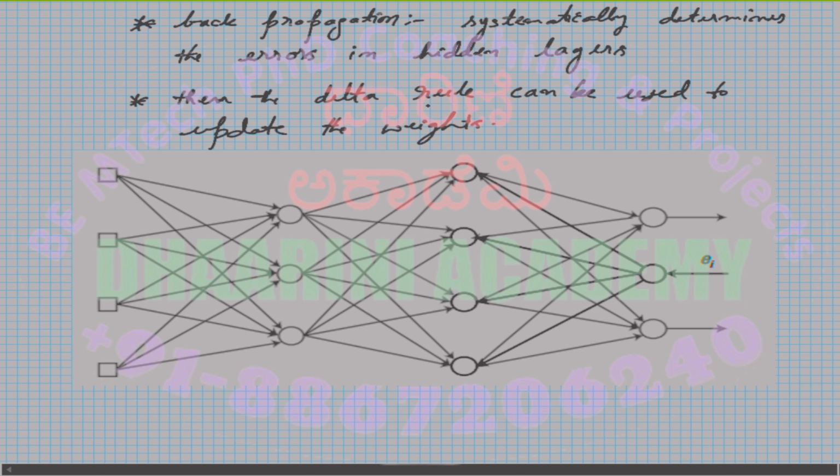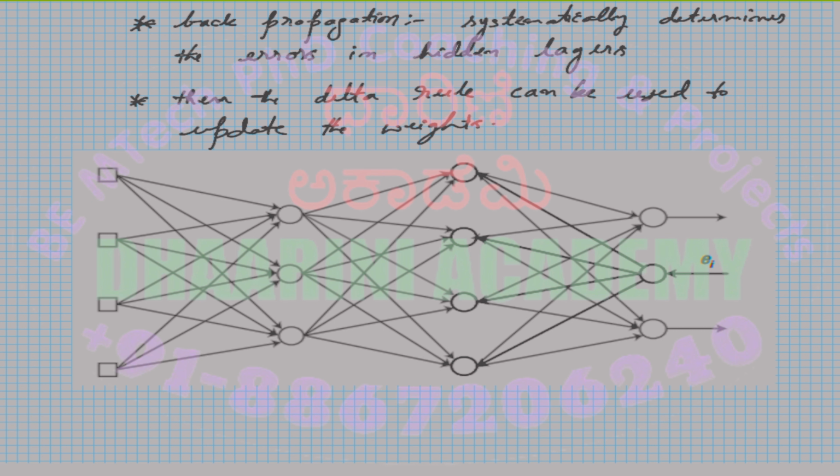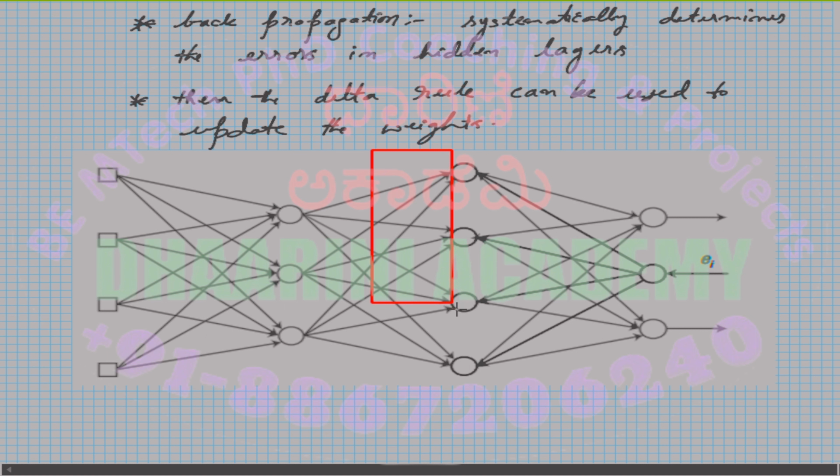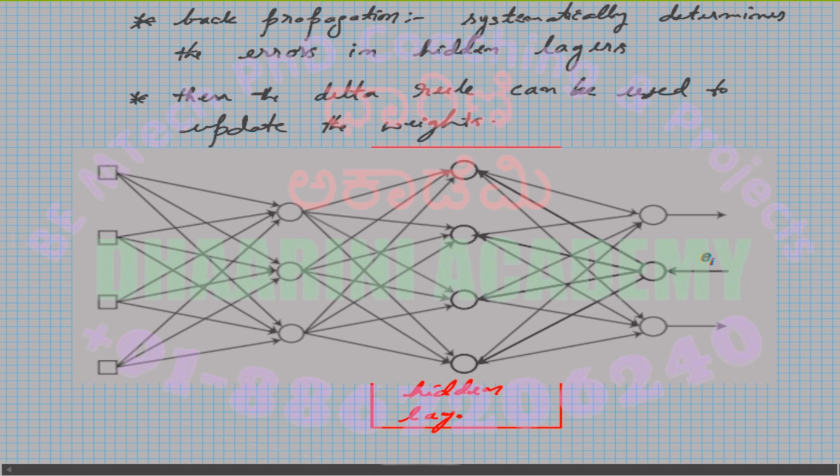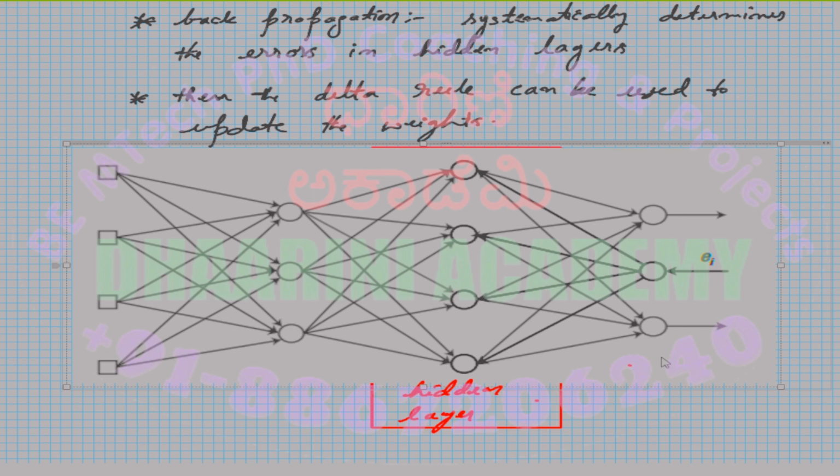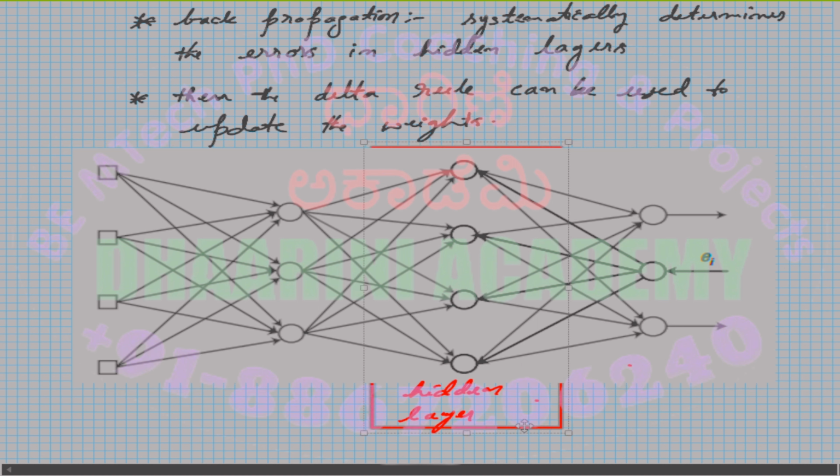So the hidden layer which you can see is at the center. So that is the hidden layer.